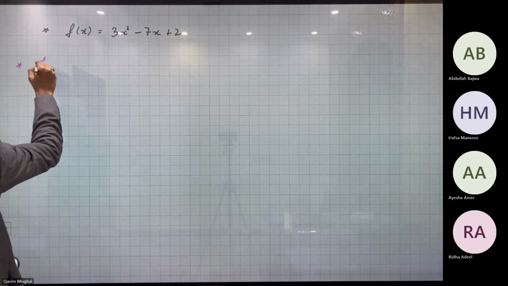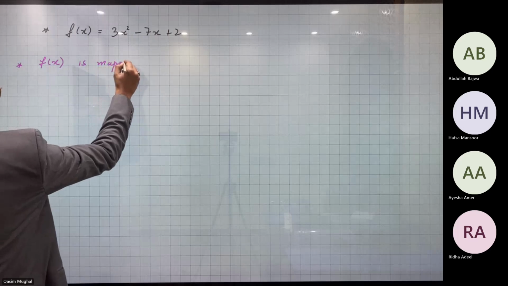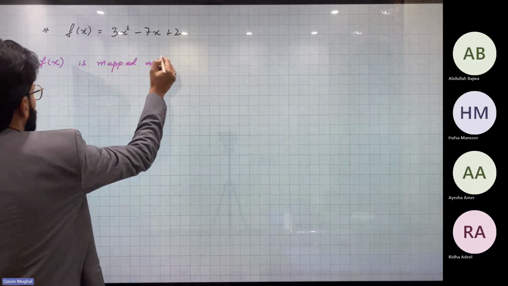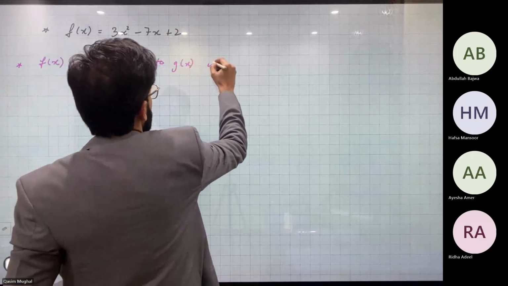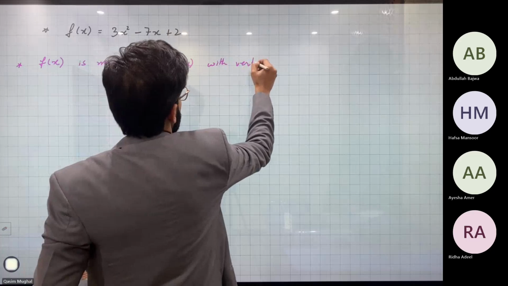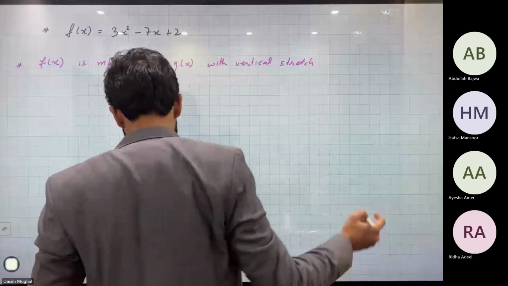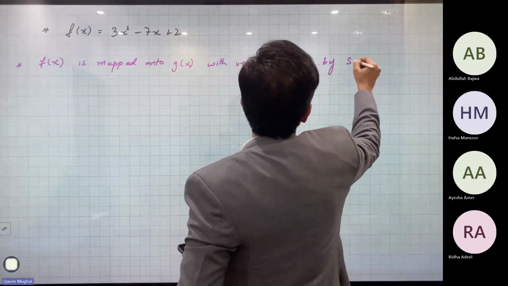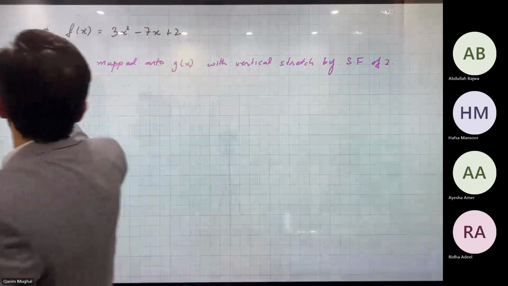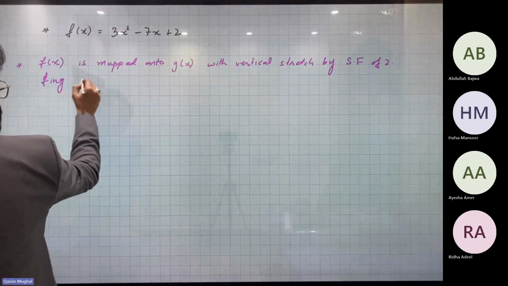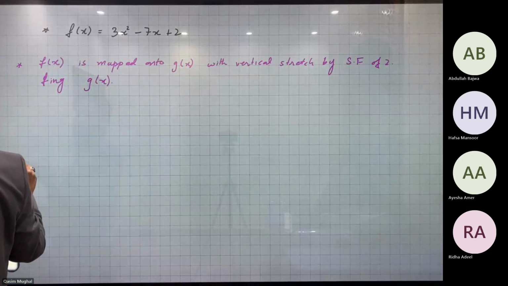First part: f of x is mapped onto g of x with vertical stretch by scale factor of 2. Find g of x.